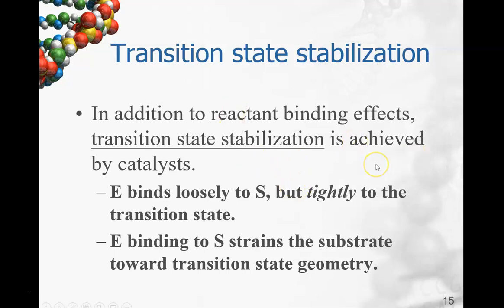In order to explain this, we are going to modify Fischer's lock and key hypothesis that we've talked about before, where we envision that the enzyme binds loosely to the substrate but tightly to the transition state. In so doing, that tight binding stabilizes the transition state and strains the substrate towards the transition state geometry and ultimately to the geometry of the product.